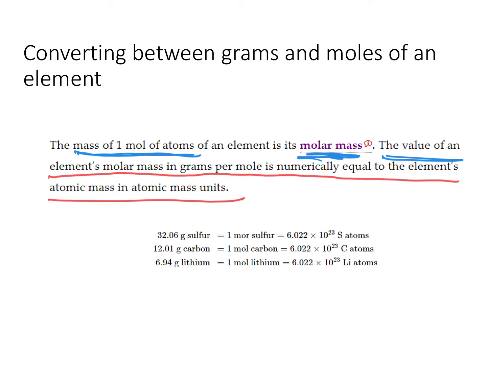It means that you go to the periodic table, so molar mass unit is gram per mole. Again, it is the mass of 1 mole of an element, right? But the atomic mass has the unit of AMU, atomic mass unit. Does that make sense?